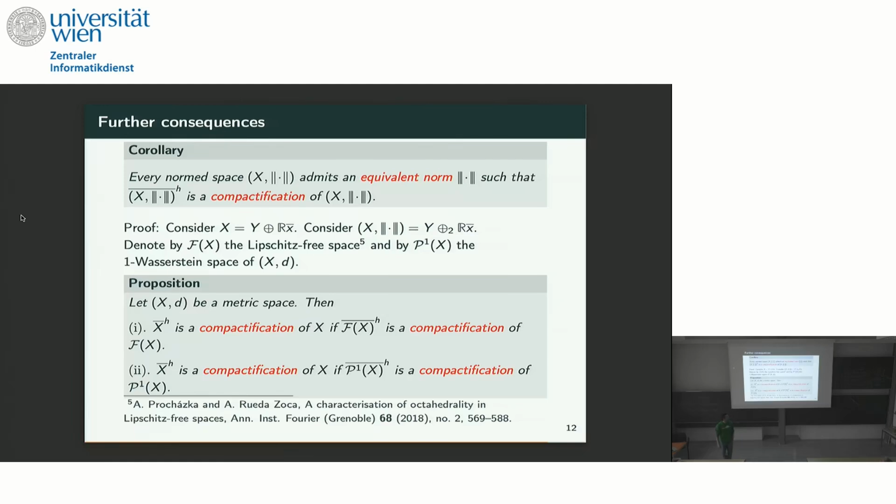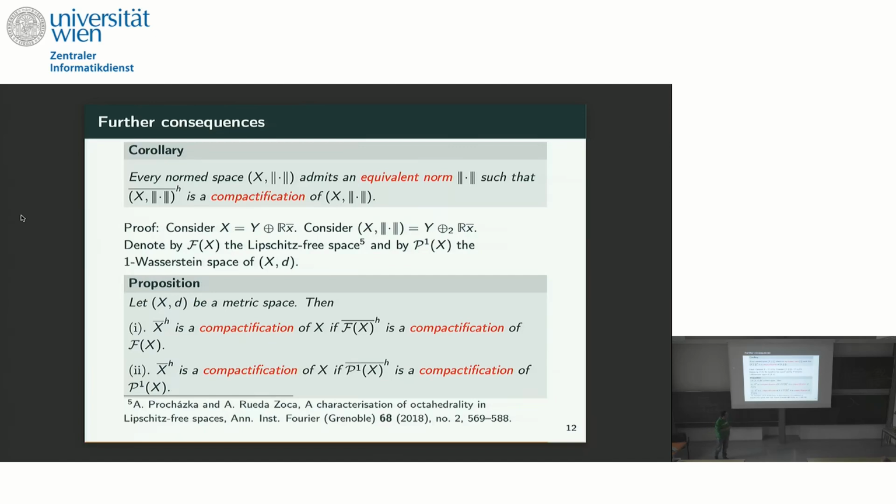Another set of examples. Since we are working with metric spaces, Lipschitz-free spaces and Wasserstein spaces are classical in the literature. Here, I should also mention that Prochazka and Abraham Rueda did a full characterization of octahedrality in Lipschitz-free spaces. And we have the following.